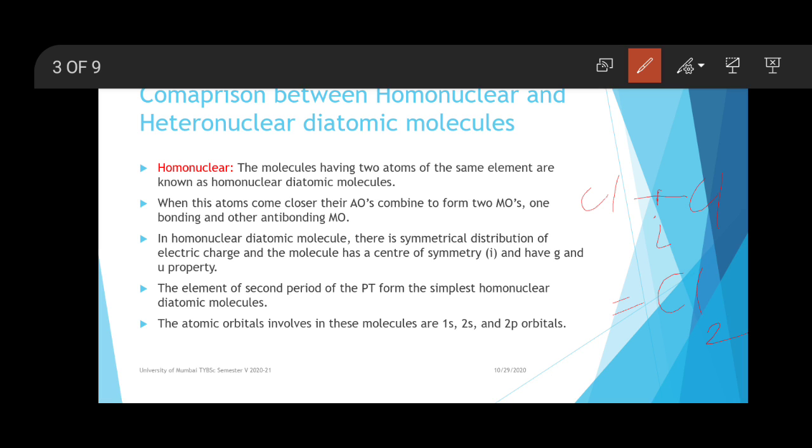So these simplest homonuclear diatomic molecules of the second period involve 1s, 2s and mostly 2p atomic orbitals for the formation of molecular orbitals. So this is how we have the description of a homonuclear diatomic molecule.